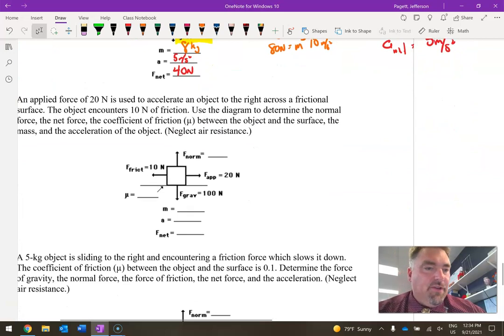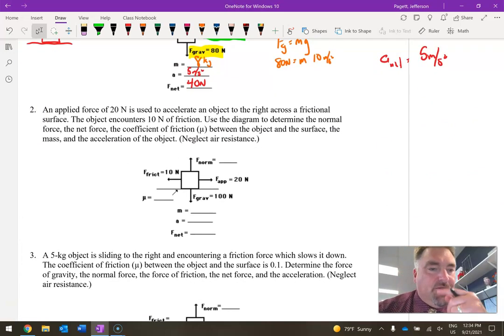Now the next one here is very similar. Applied force of 20 newtons used to accelerate an object to the right across a frictional surface. Use the diagram to determine all the other good stuff. So once again, we'll start with the easy one. We've got gravity here. Gravity is equal to 100 newtons. Because this thing isn't falling down through the floor or flying up off, we can say that our normal force is also 100 newtons.